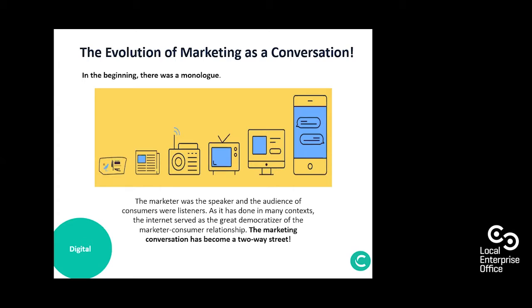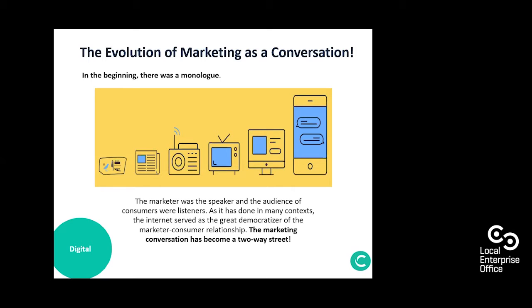Again, I suppose when it comes to digital marketing, the fundamental difference between digital marketing and the traditional channels, this is where it is. This is the impact that the internet and digital has had on marketing as a discipline. So, traditional channels, it's very much a one-way street, as it were.